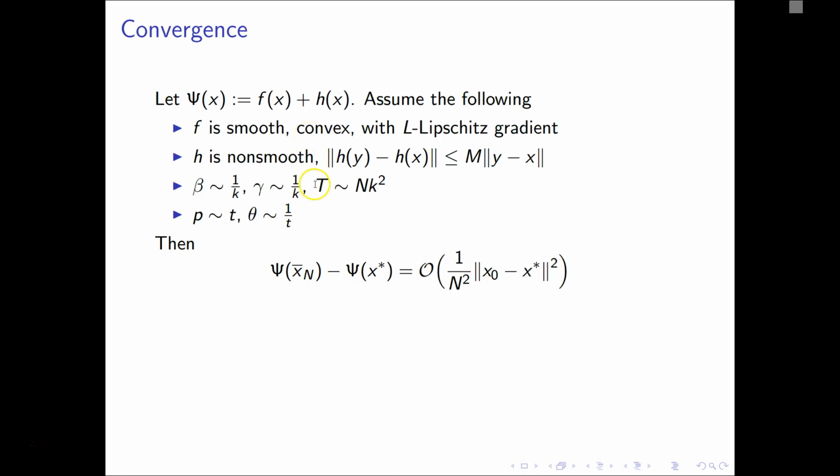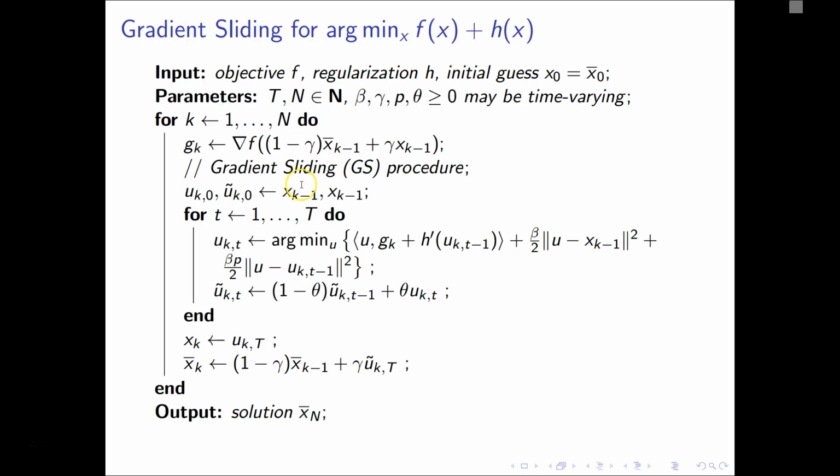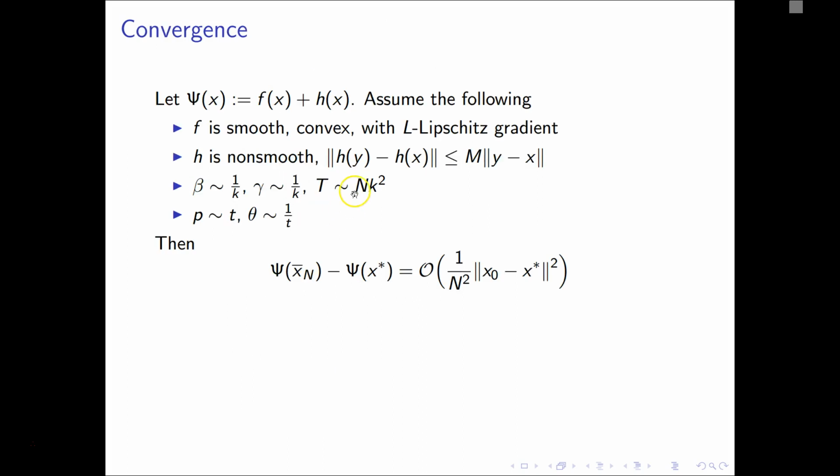Also, we want to do the inner loop more and more. So t, the number of inner loops, grows at n times k squared. That's a lot, but that's for theoretical convergence; you don't really need that many to observe good results in practice.